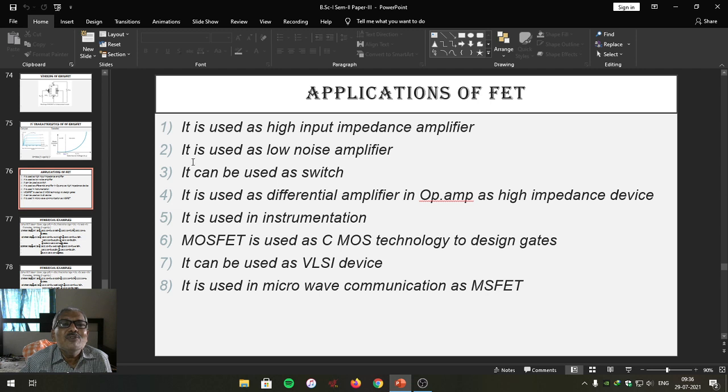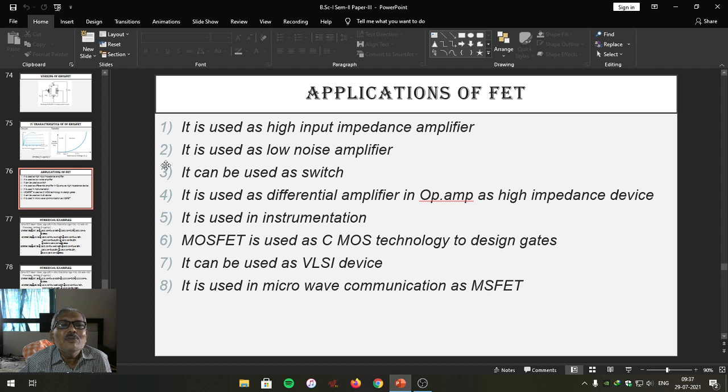FET is also used as a low noise amplifier, especially in electronic communication aspects. To reduce the noise, FET is used as a low noise amplifier.